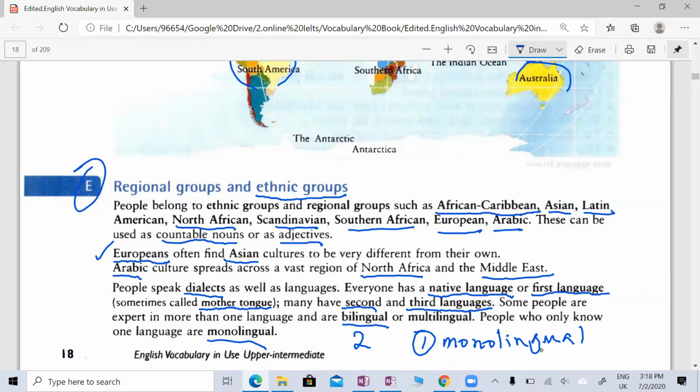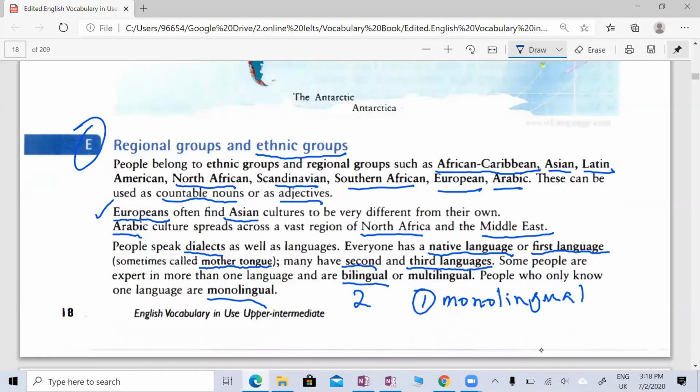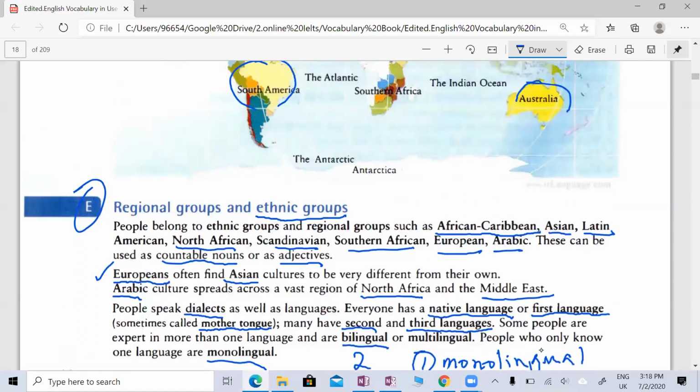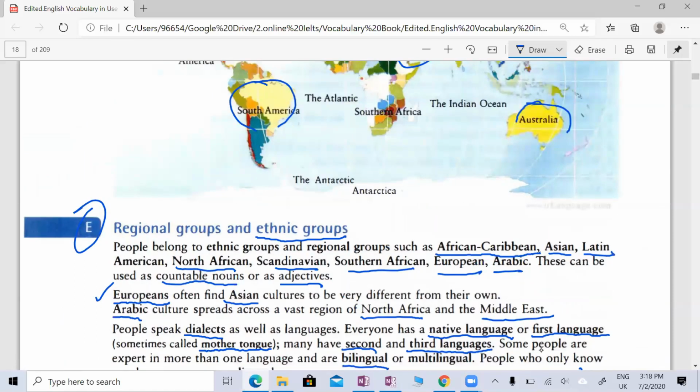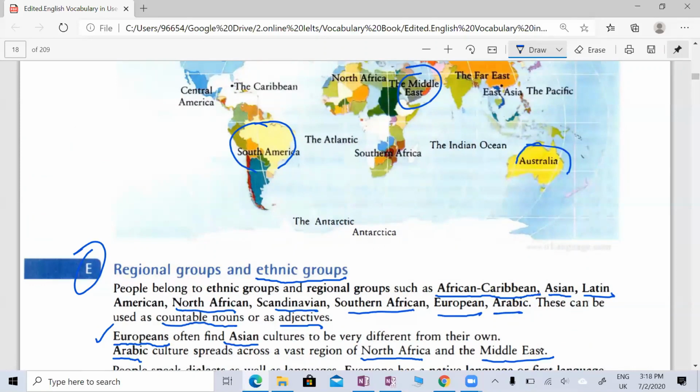So some are monolingual, some are bilingual, some are multilingual. So now you can understand in which category you fall. Are you monolingual? Are you a bilingual person? Or are you multilingual? So this was a brief introduction about regional groups and ethnic groups.